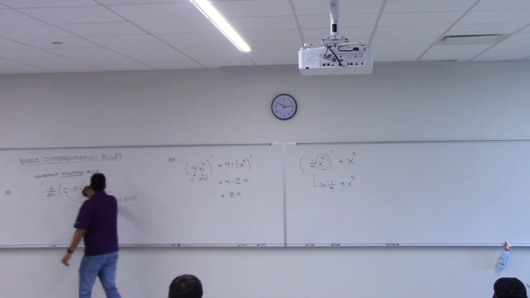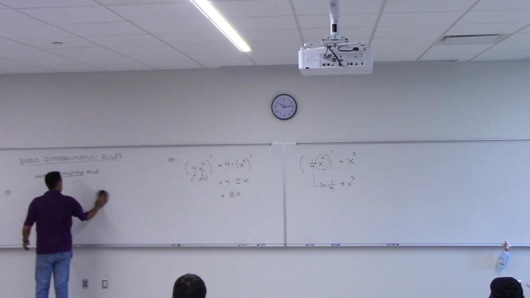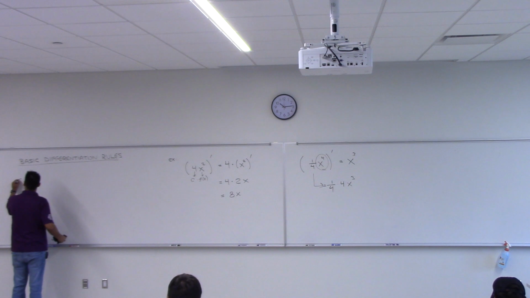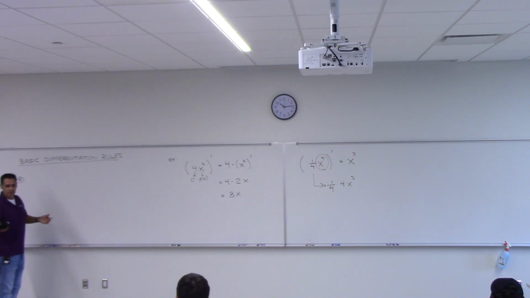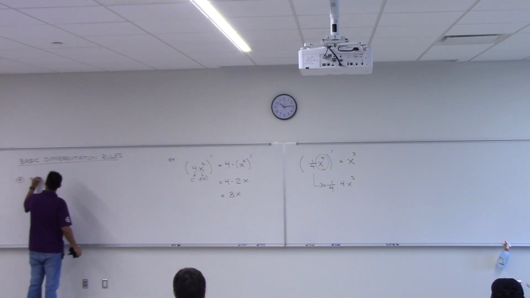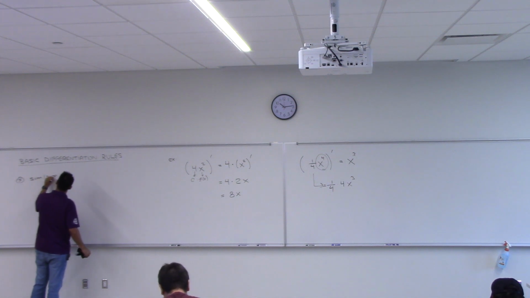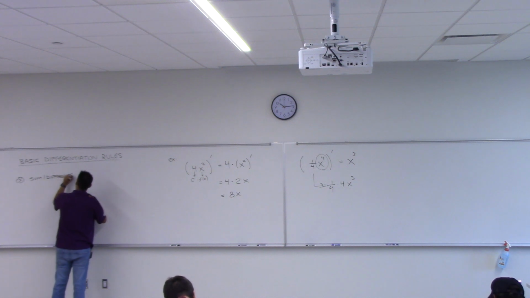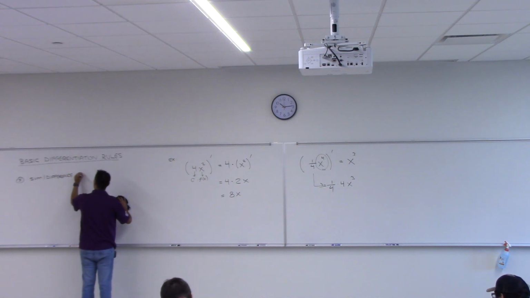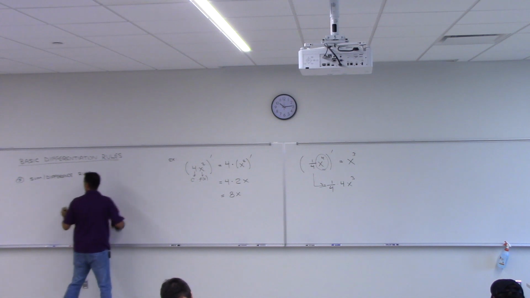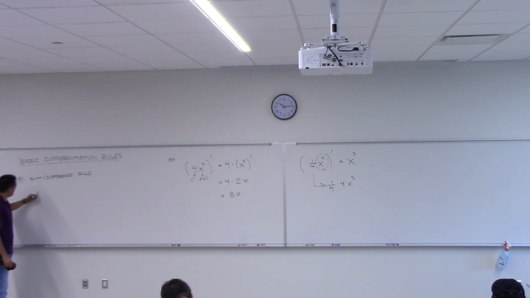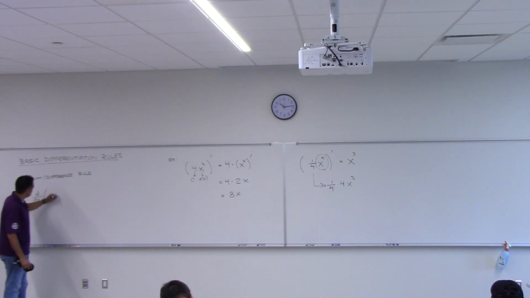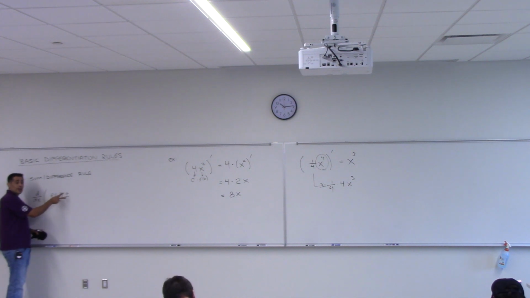All right, the 5th rule is the sum difference rule, okay? The sum difference rule. I'll put difference, so you don't think differentiate. Sum difference rule. And here's what this rule says. If you're trying to take the derivative of some function of x plus or minus, it doesn't matter if this is addition or subtraction, okay?